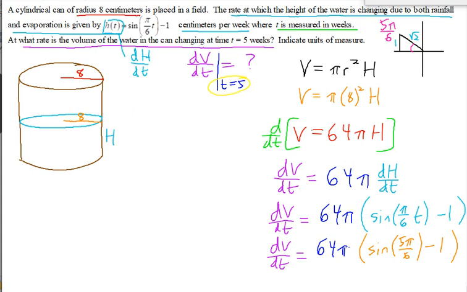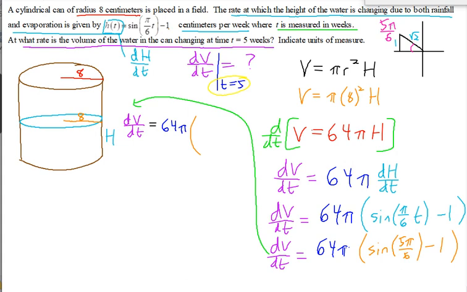So we've got dV dt equals 64 pi and then times the sine of 1 over root 2 and then minus 1.